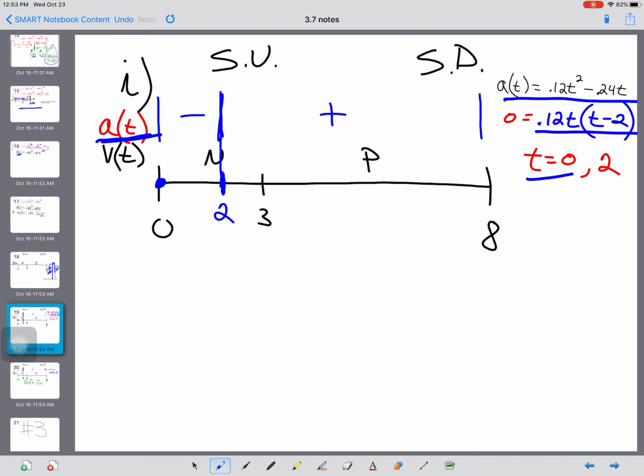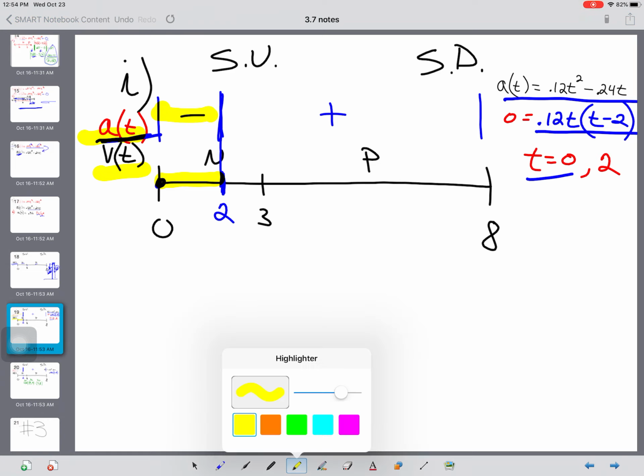So I'm going to compare all of these regions and see what's going on. Between 0 and 2, both the velocity and the acceleration have negative values. So from 0 to 2 seconds, the object is slowing down. Said it backwards. The object is speeding up.